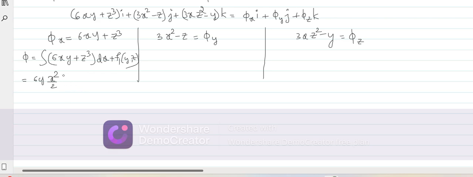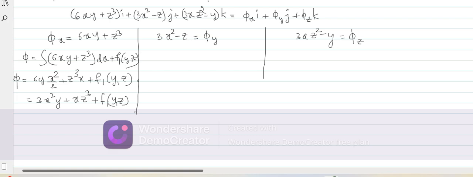So 6y is constant, the integration of x is x²/2, plus z³ is constant, and the integration of 1 with respect to x is x, plus the integrating constant, which is a function of y and z. So this is nothing but 3x²y + xz³ + f1(y,z). We have this in one hand.